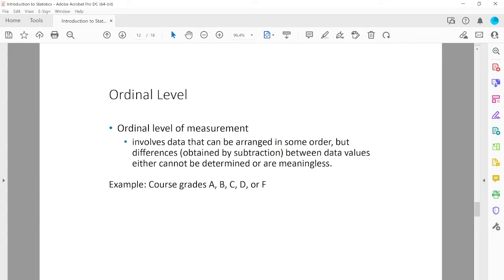For example, grades A, B, C, D, F. These are categories you can order and label. The data is in category form, but differences between data values cannot be determined or are meaningless. So that's called ordinal level of measurement.